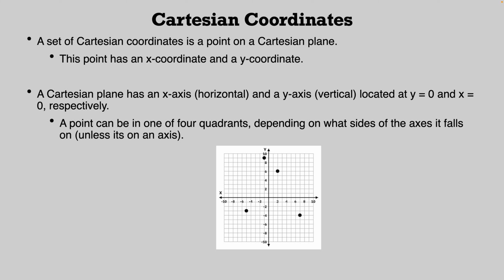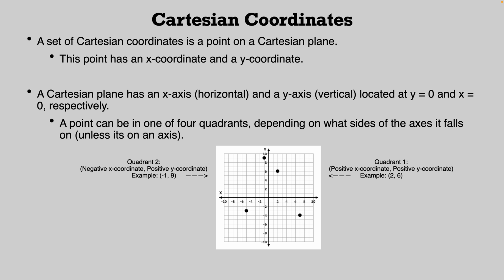And a point can be in one of four quadrants, depending on what sides of the axes it falls on, unless it's on an axis, of course, in which case it's not in any quadrant, really. So quadrant 1 is this top right one, and it's when both the x and y coordinate are positive.